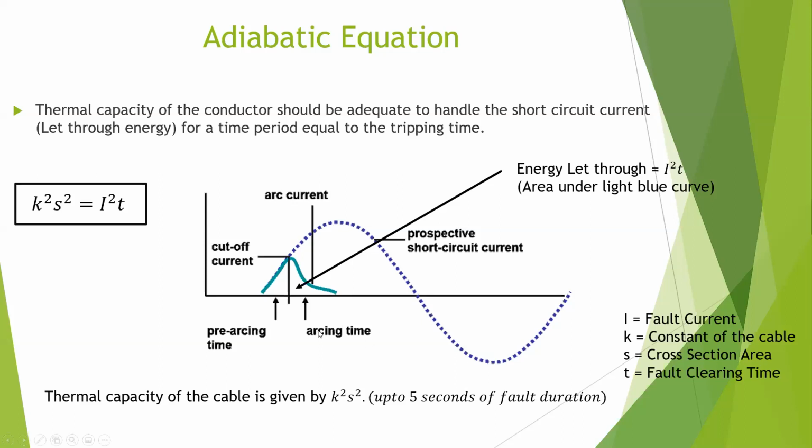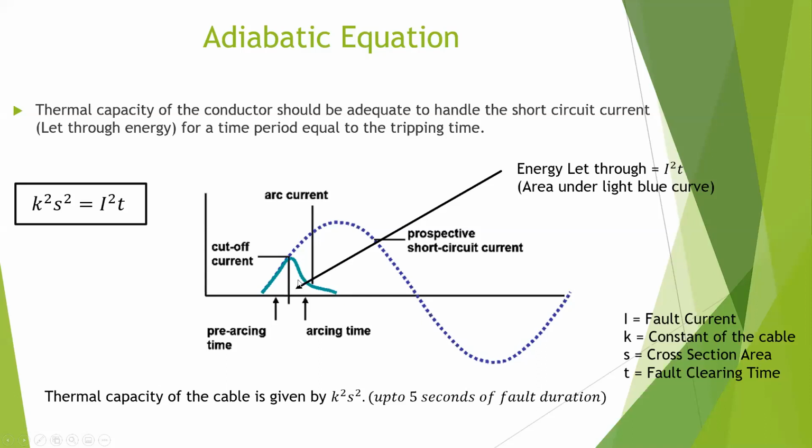So usually, you can see this is a short circuit current waveform. We can't just say it is sinusoidal, but we are going to consider a sinusoidal one. In a short circuit fault, there will be a cutoff point of the circuit, done by the tripping relay. Up to this cutoff point the short circuit current will flow, and after the cutoff there will be an arcing time.